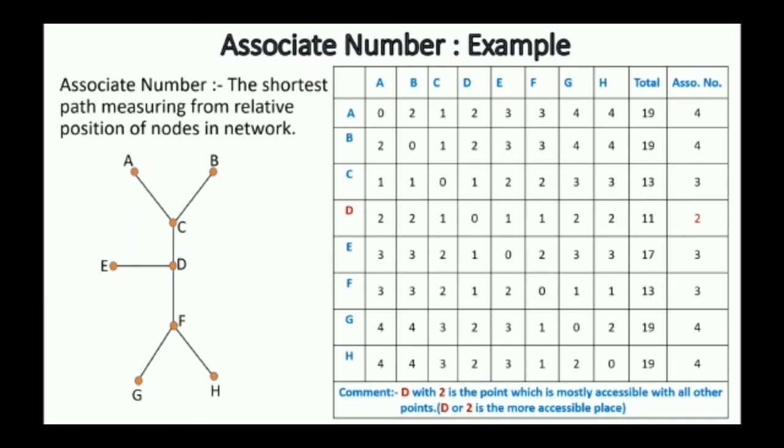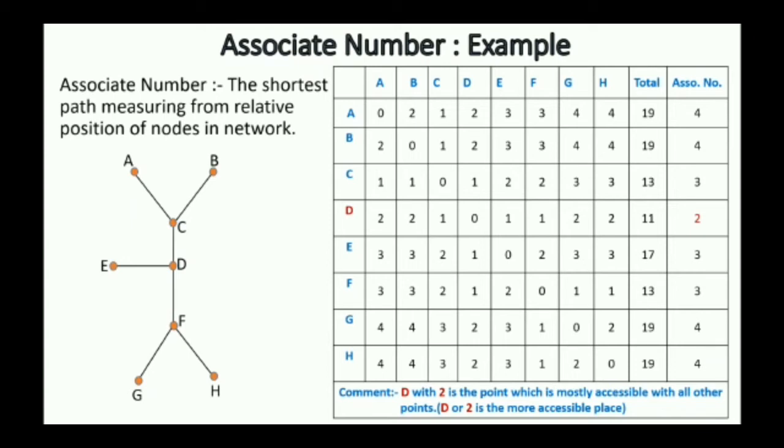From A to F, 3 paths. From A to G, 4 paths. And from A to H, also 4 paths. Remember, we have to choose the shortest path or minimum distance. In this way, we can create the matrix values.